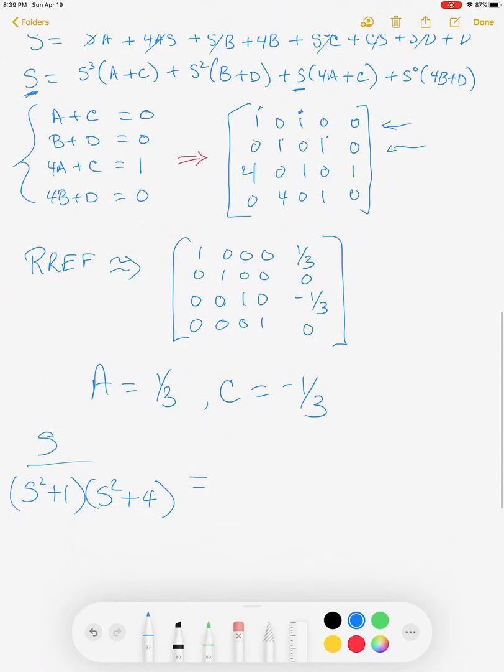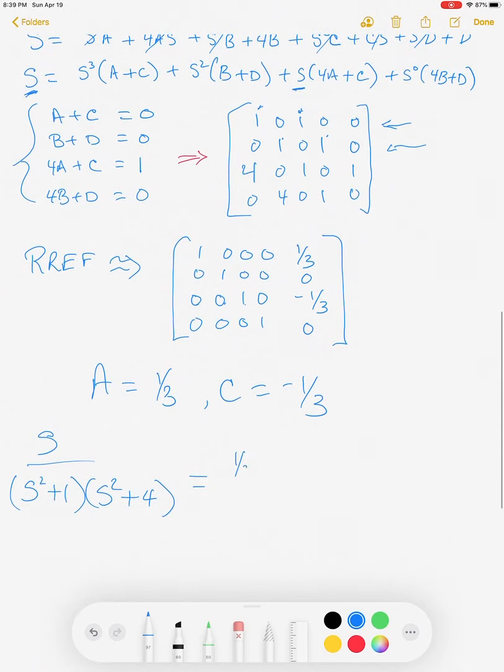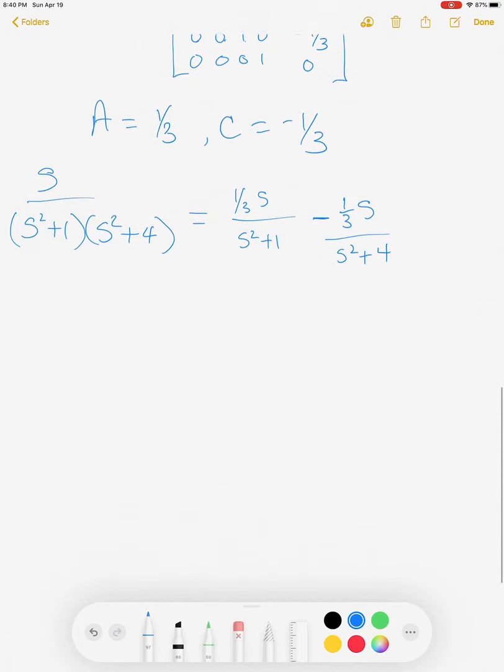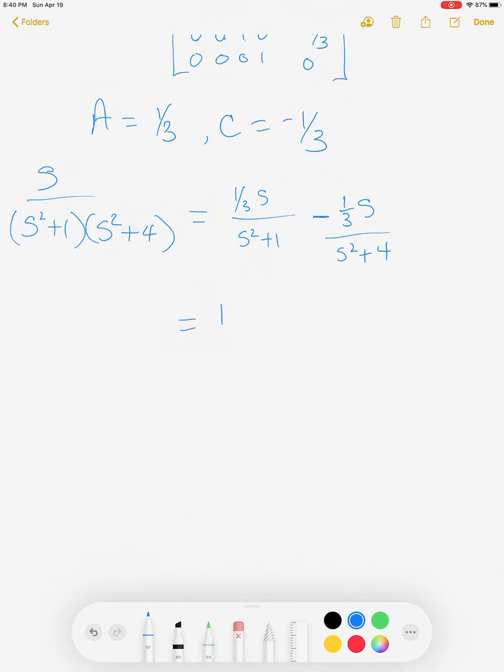So then I have 1 third times s over s squared plus 1, minus 1 third times s over s squared plus 4.